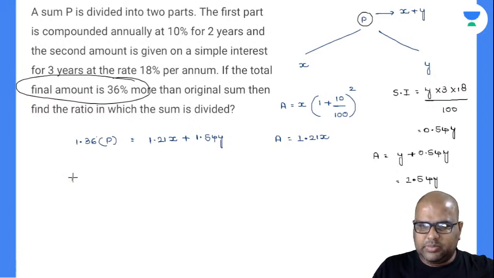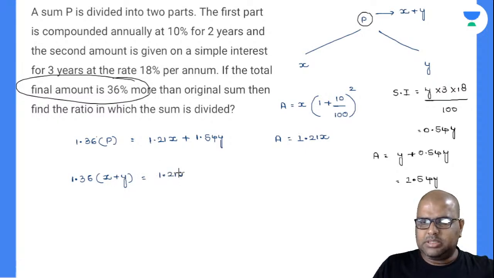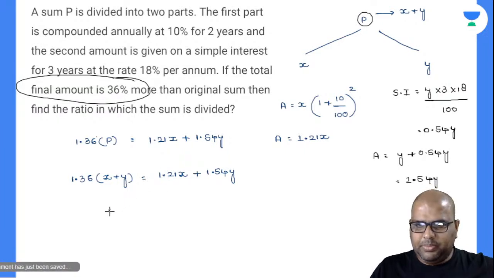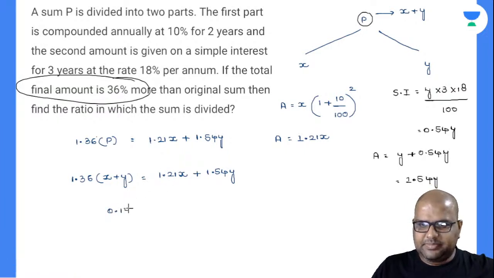If I write this as 1.36 into (x plus y) is equal to 1.21x plus 1.54y. So 1.36 minus 1.21 is 0.15x.